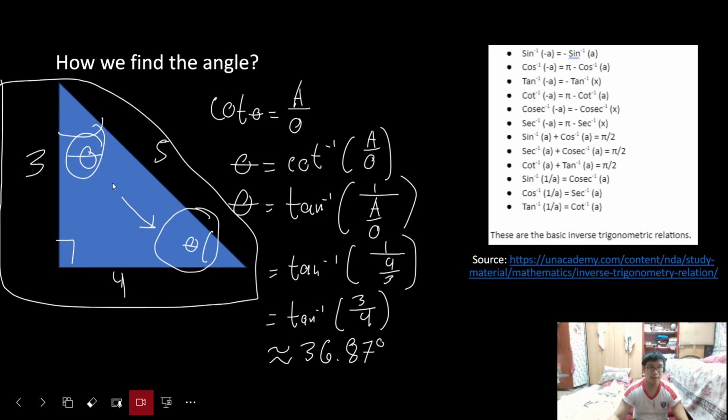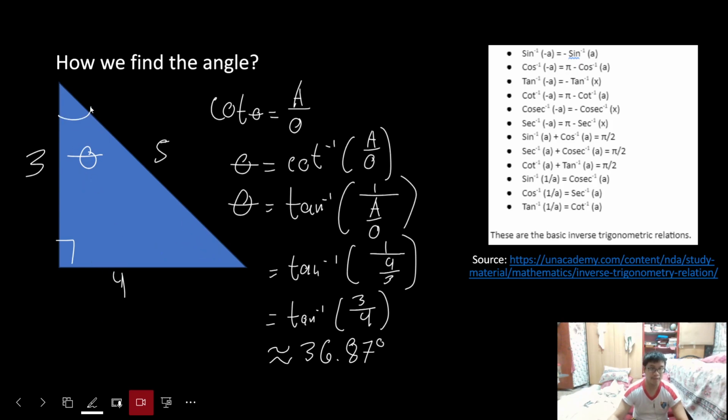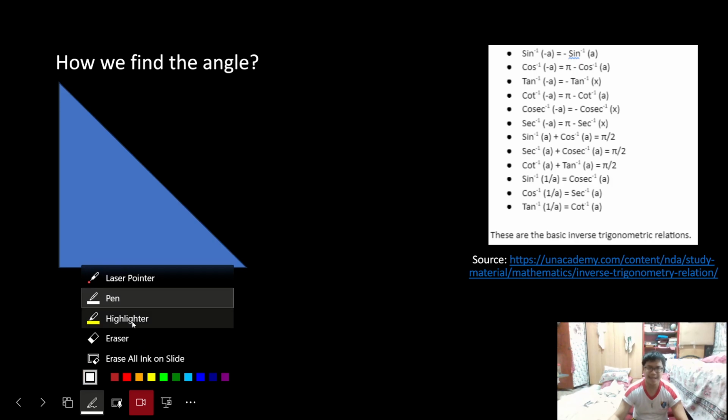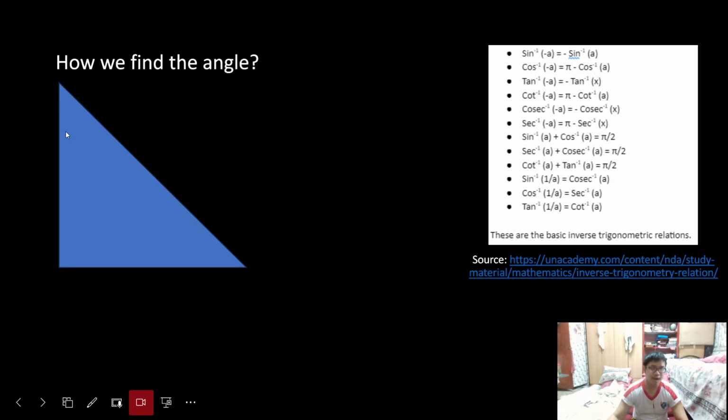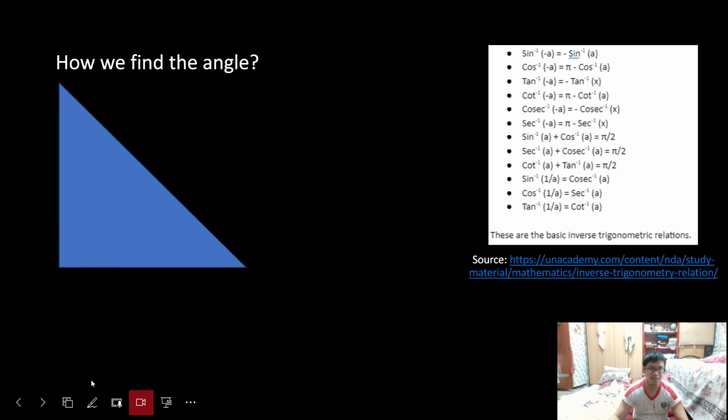And if you're asking me how you find the angle here, you can apply what we've learned before. Let me write the given once again.